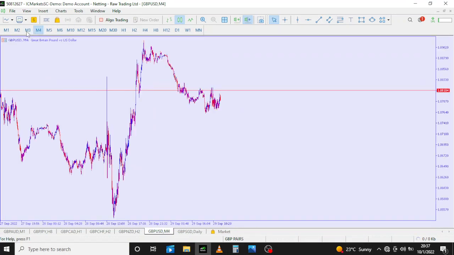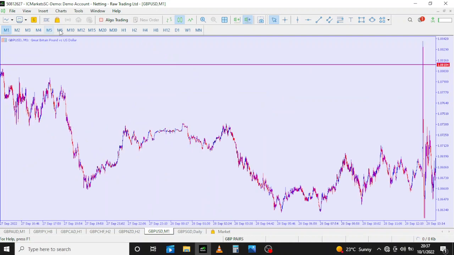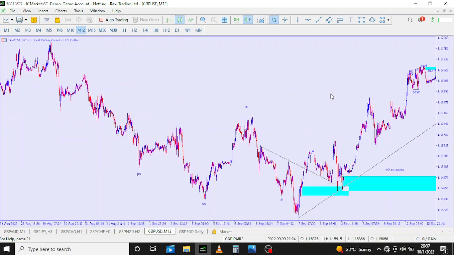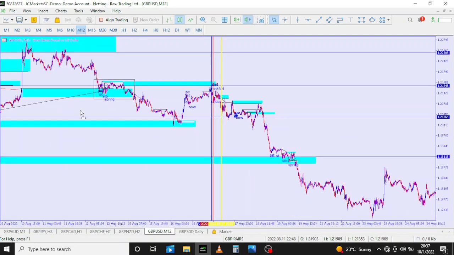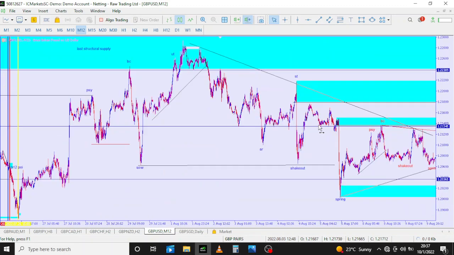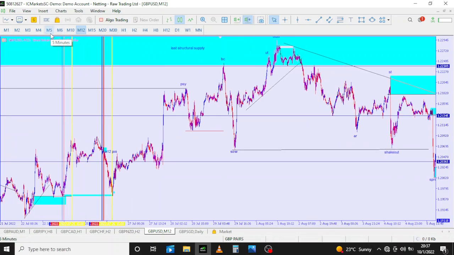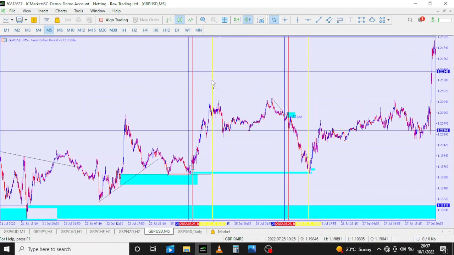Sorry guys, it would have been better if we had TradingView, but soon we will be able to afford it.